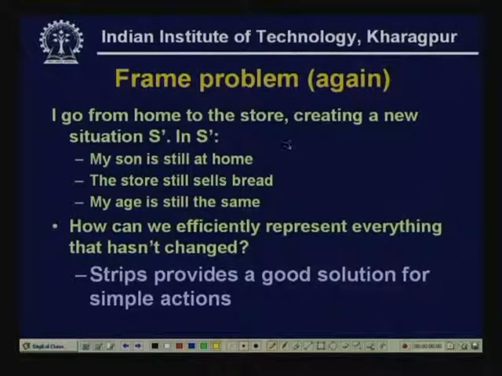In the new situation S prime, these propositions continue to hold. Now, we want to know how we can efficiently represent everything that has not changed. STRIPS provides a good solution for simple actions. STRIPS just says that apart from those propositions that we have listed in the add list and delete list, the rest of the propositions are maintained as they are in the next situation as in the previous situation.